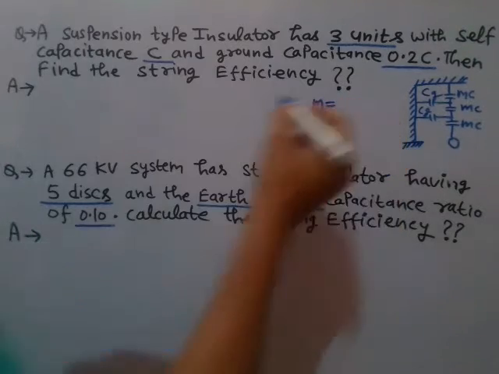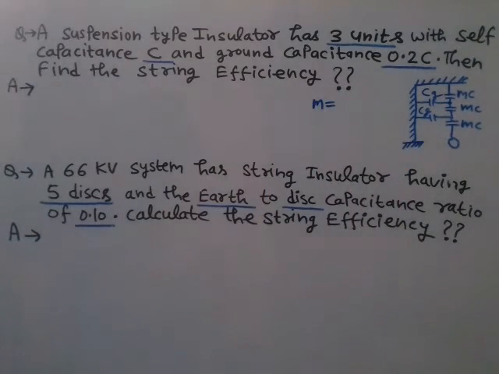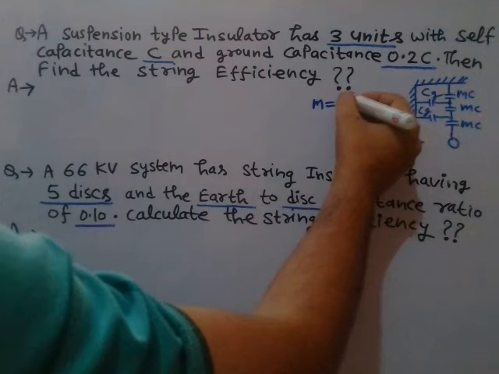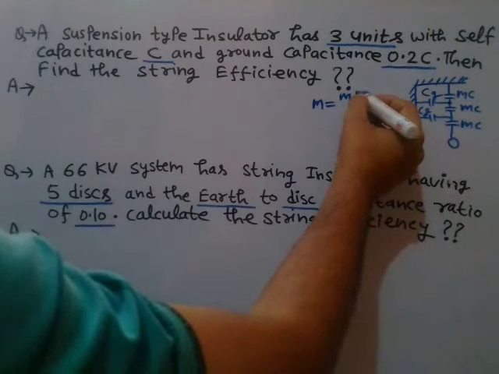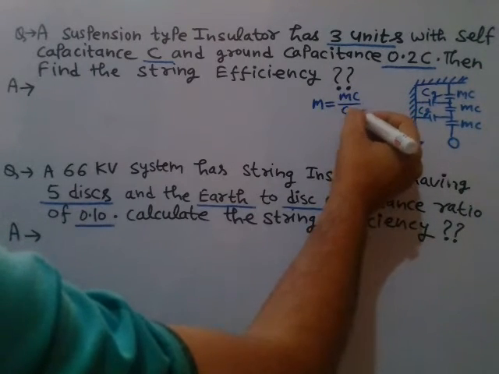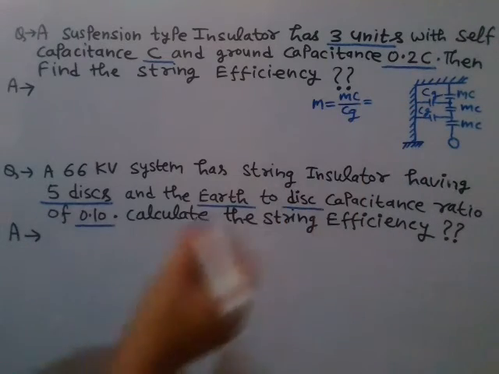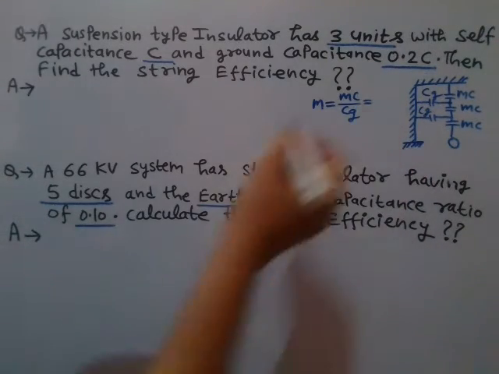The factor m will be the mutual capacitance divided by the ground capacitance. So MC by Cg will be this factor m.